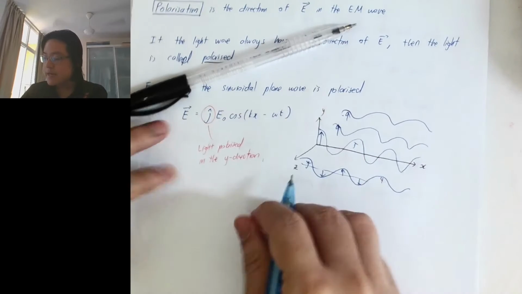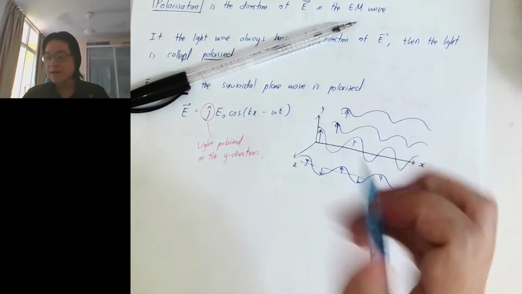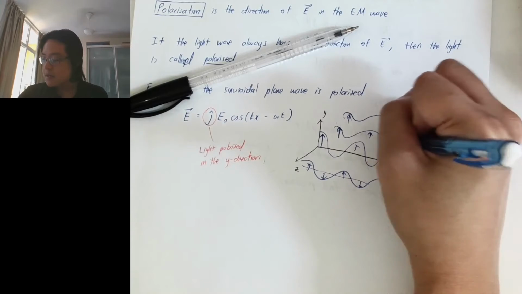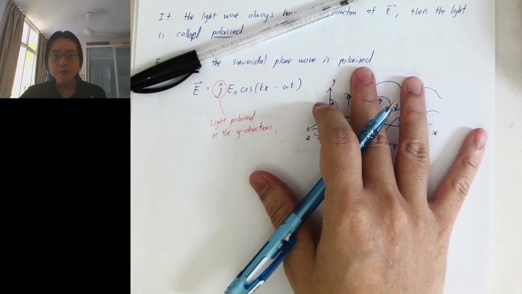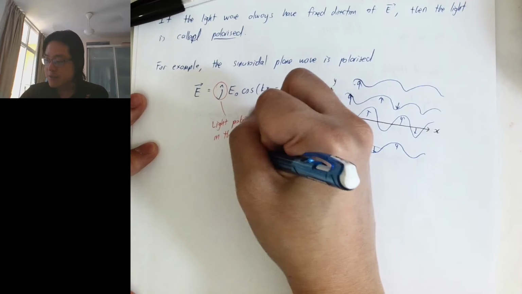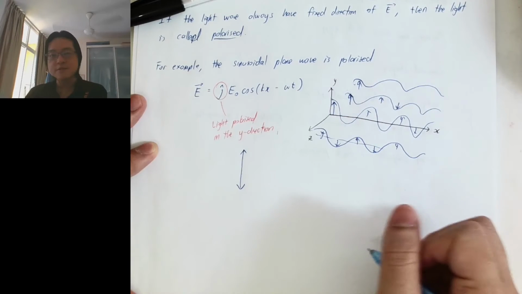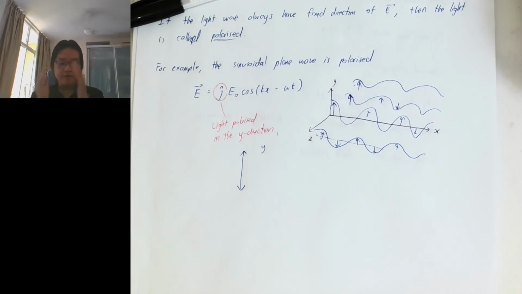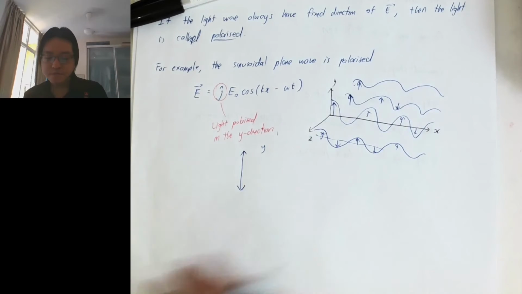Whether it is positive y or negative y doesn't matter. What I'm trying to say is all of them are in the y direction. So usually when it comes to polarization, I will draw an arrow pointing on both sides. This is the y-axis, and this is my direction of polarization.